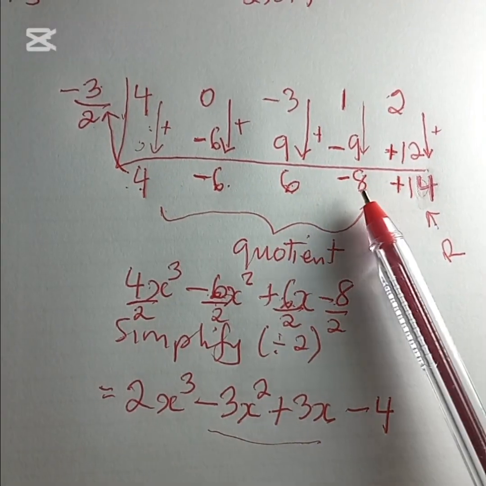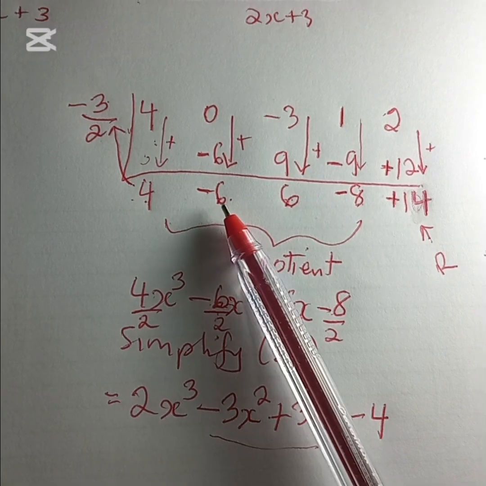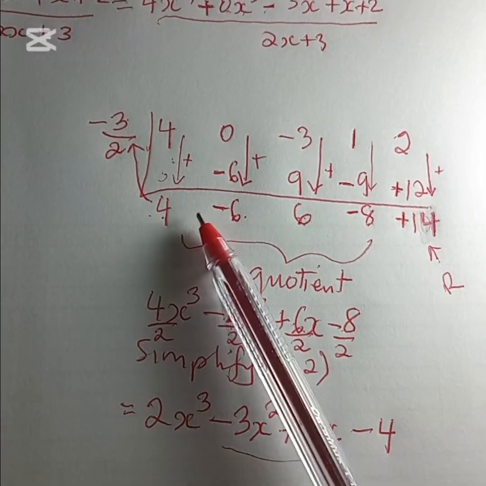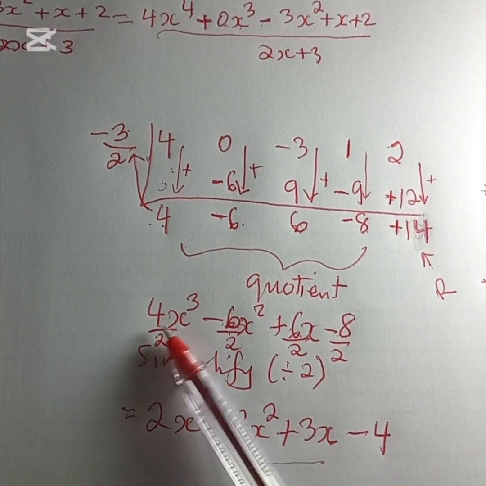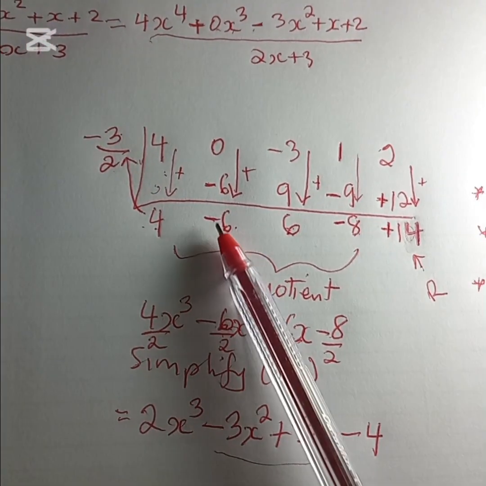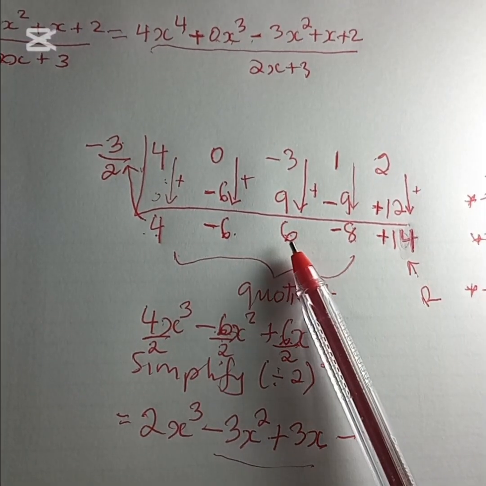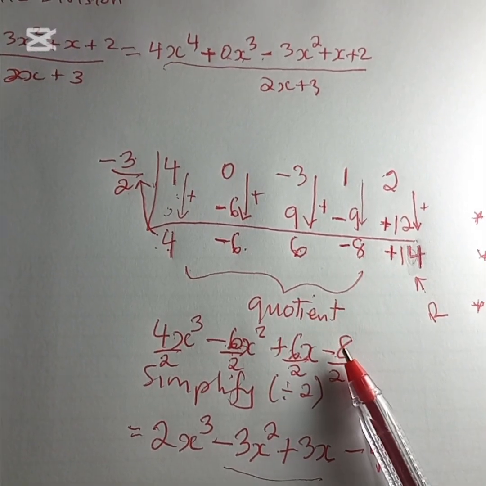We line up the coefficients starting from, if this is the constant, then this will be x to the power 1, x to the power 2, x to the power 3. So here we are. We have 4 as the coefficient of x to the power 3, minus 6 times x to the power 2, plus 6x, minus 8, the constant.